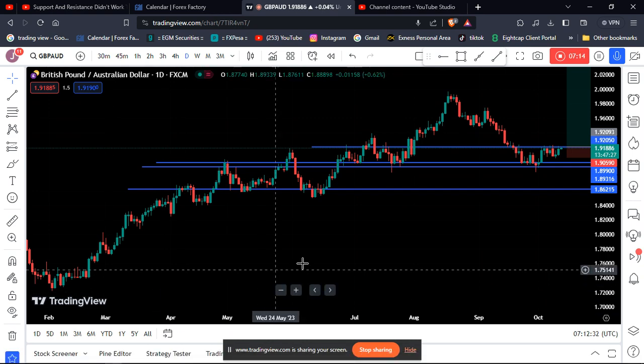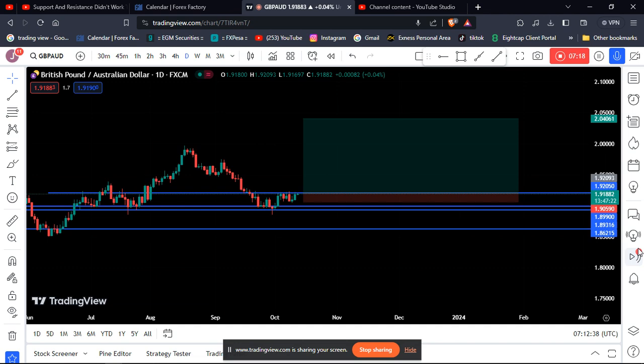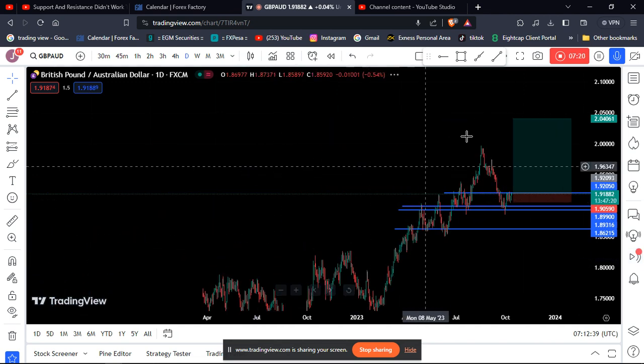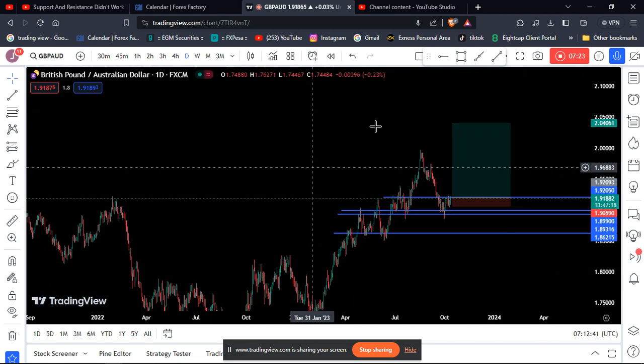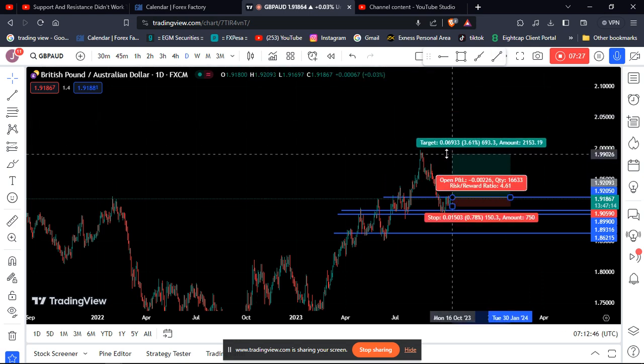Okay, now I've already drawn the trade for you, and where the targets are going to be once those conditions are met. Let's even have the first target at this particular level right there.